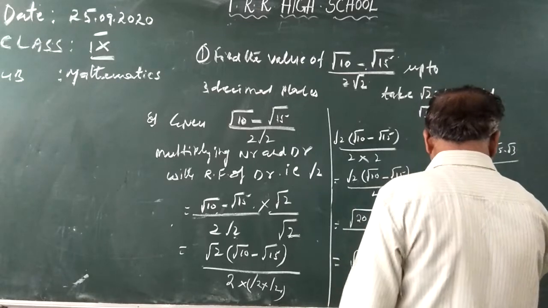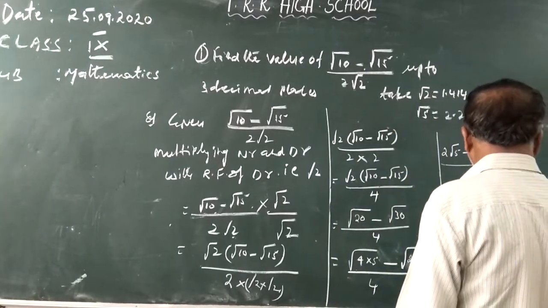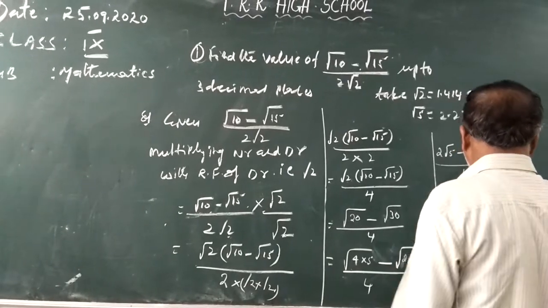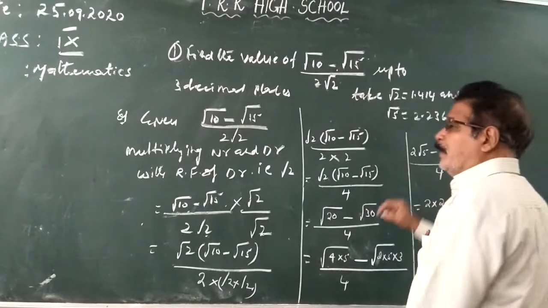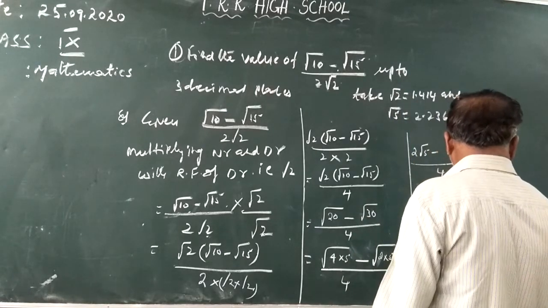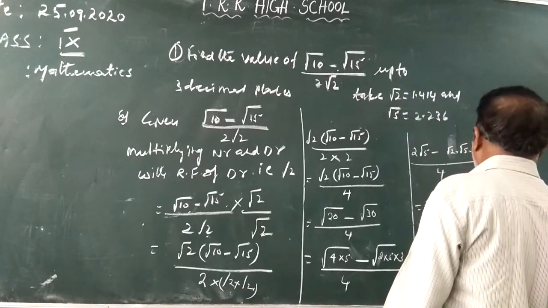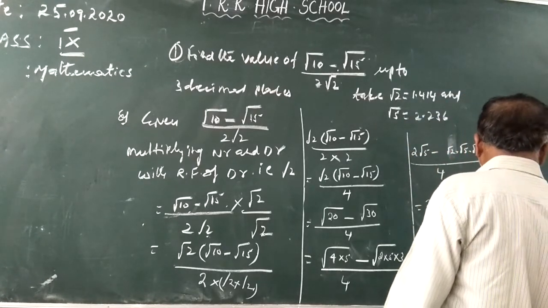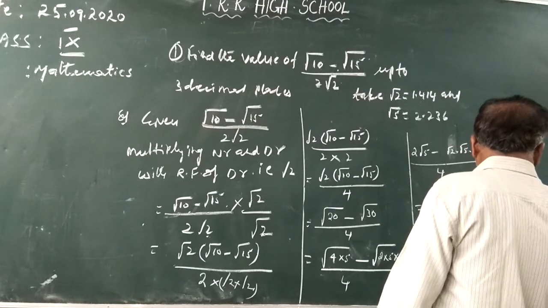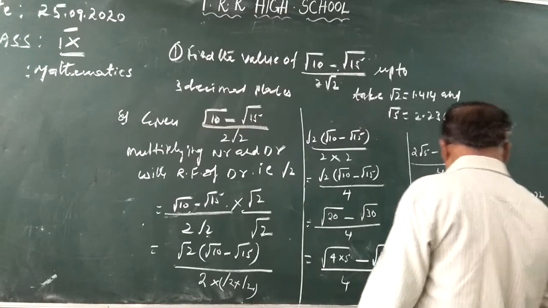Substitute the values: root 5 is 2.236, minus root 2 is 1.414, root 5 is 2.236, root 3 is 1.732, by 4.